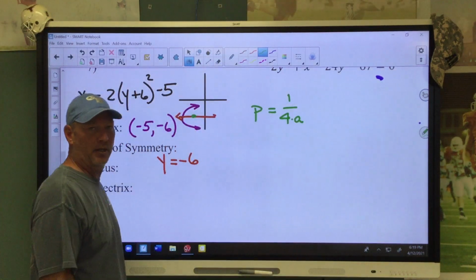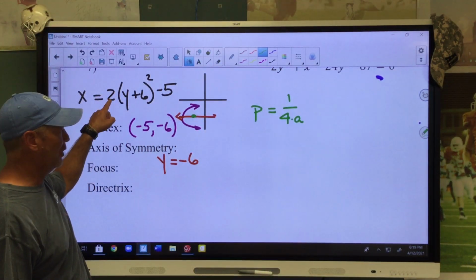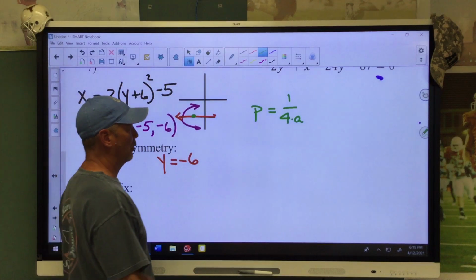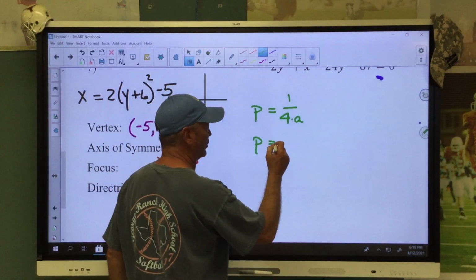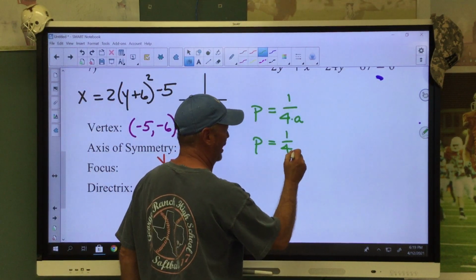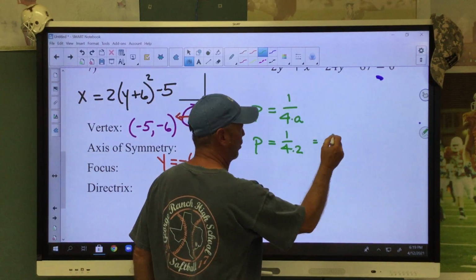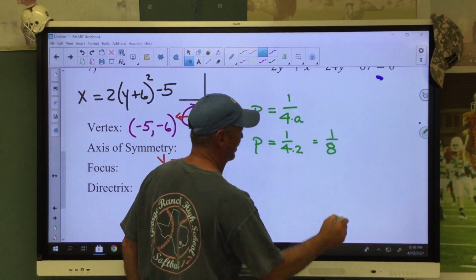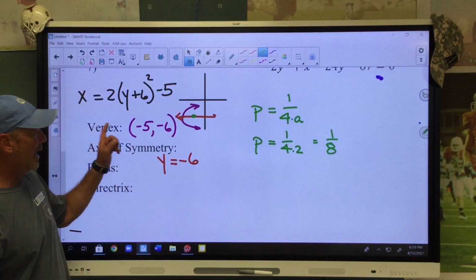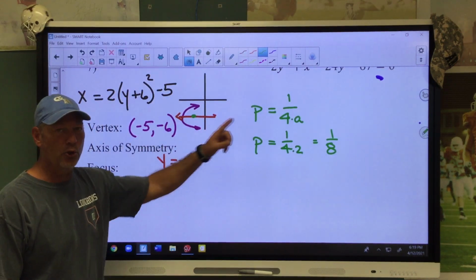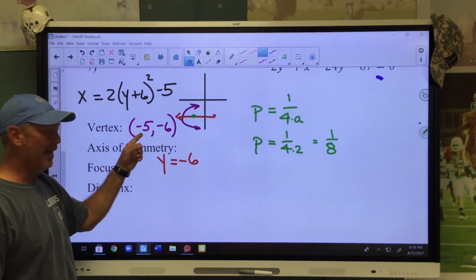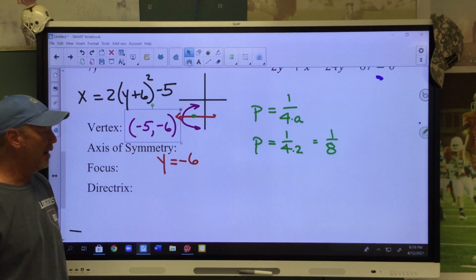Remember, the a is in the denominator. My a value is 2. So we're looking at p equals 1/4 times 2. That's going to equal 1/8.